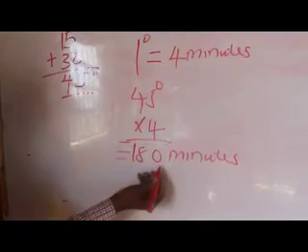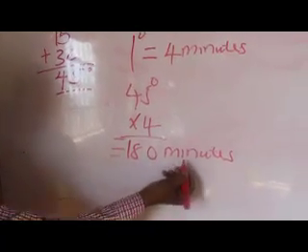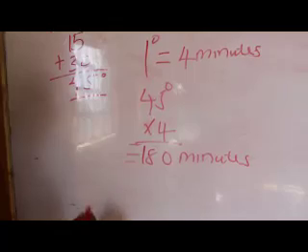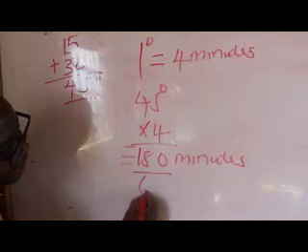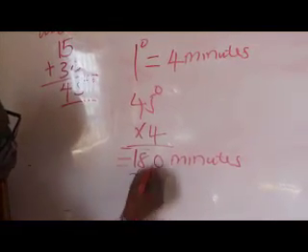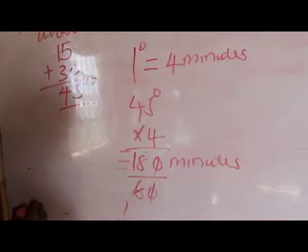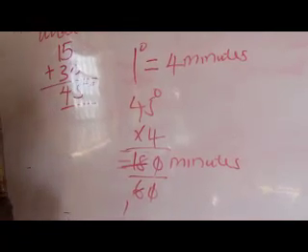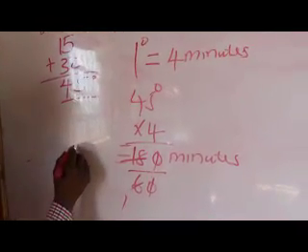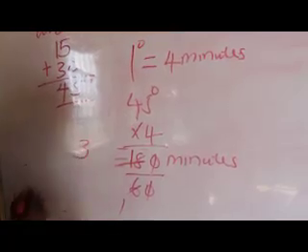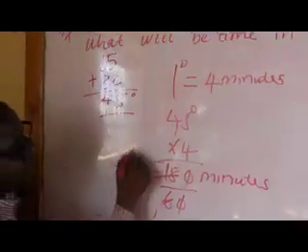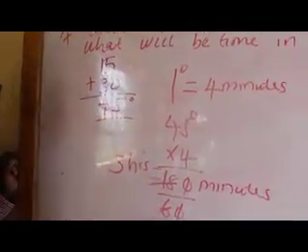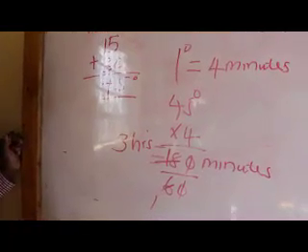So we are going to convert 180 minutes into hours by dividing by 60. So 0 goes with the 0, this goes 1. Here 6 goes there 3 times. So those are 3 hours.